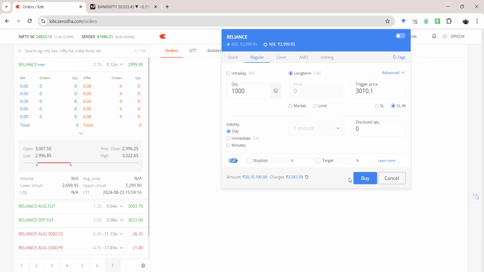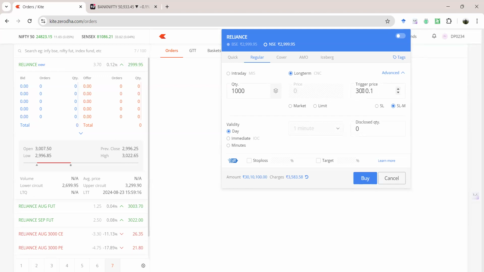If we want to buy at a lower limit, we have to place a limit order. But if we want to buy at a higher price, we have to place a trigger stop loss market order. When prices cross 3010, from 3000 it goes up and crosses 3010 rupees 10 paise, that time it will trigger the order and it will execute 1000 quantity at whatever prices are available.